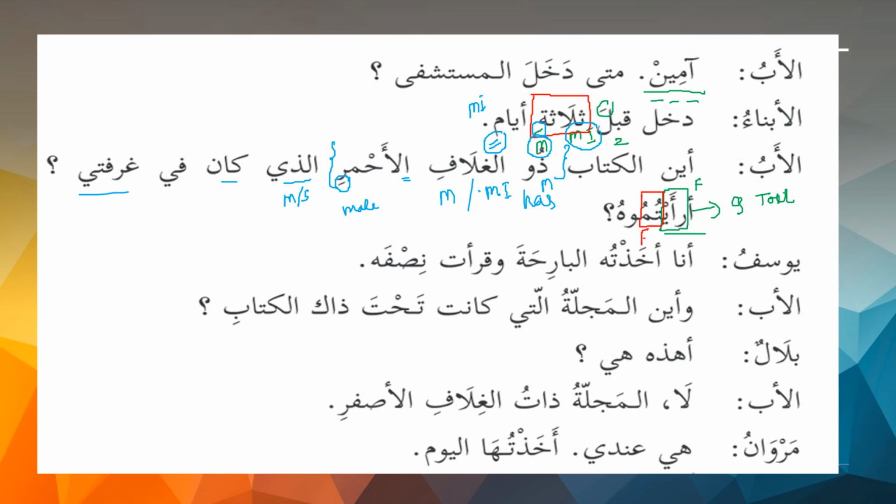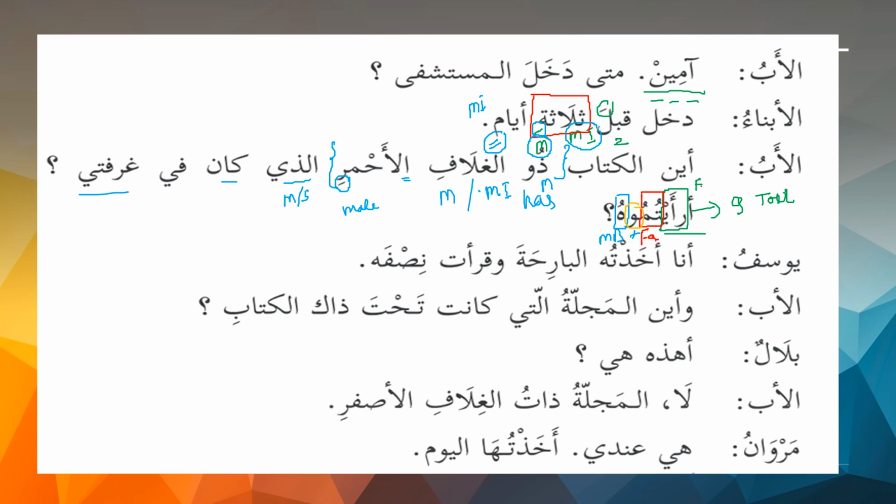So we have fail and file, and now where is our maf'ulun bihi? The damir attached here, hu, is the maf'ulun bihi. So one may ask, what is this waw doing here? What is the work of this waw in between?